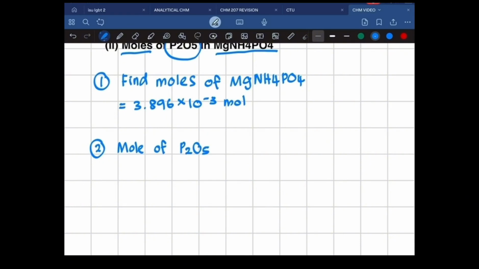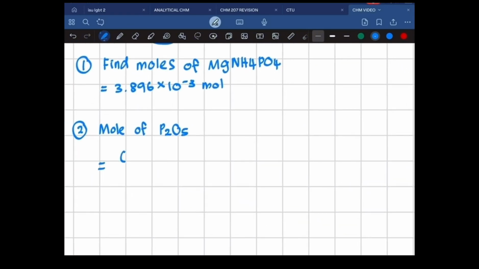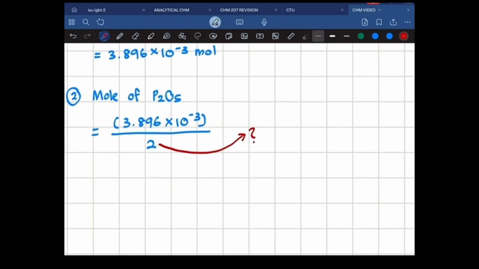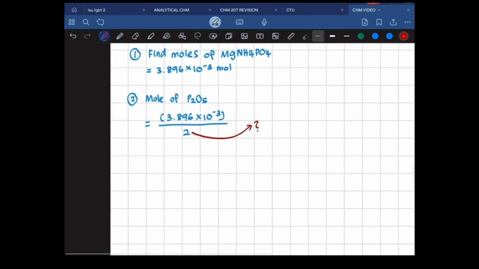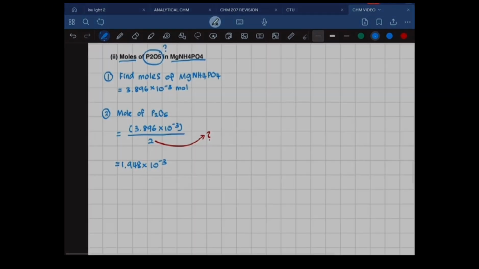To find it, we take the moles of magnesium ammonium phosphate and divide it by 2. It is because it takes 2 atoms of phosphorus in one phosphorus pentoxide, and we will get 1.948 times 10 to the power of negative 3.